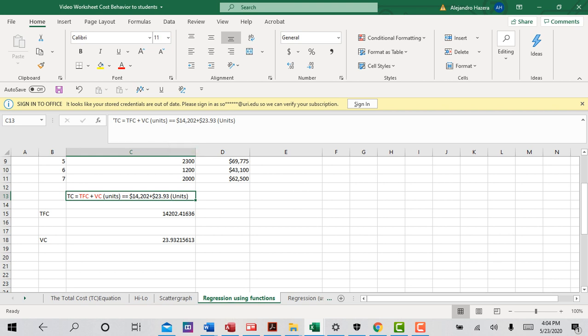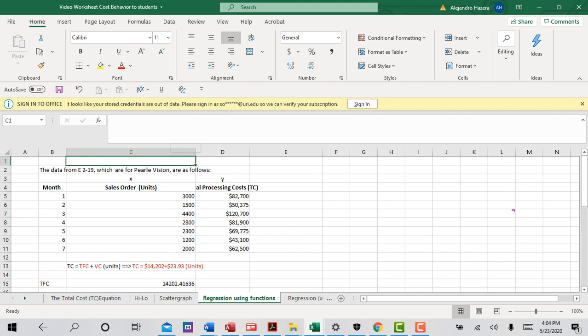That would be your total cost function, in red right there, which you ought to give me. Total costs are equal to 14,202 fixed costs plus $23.93 times the number of units you produced.